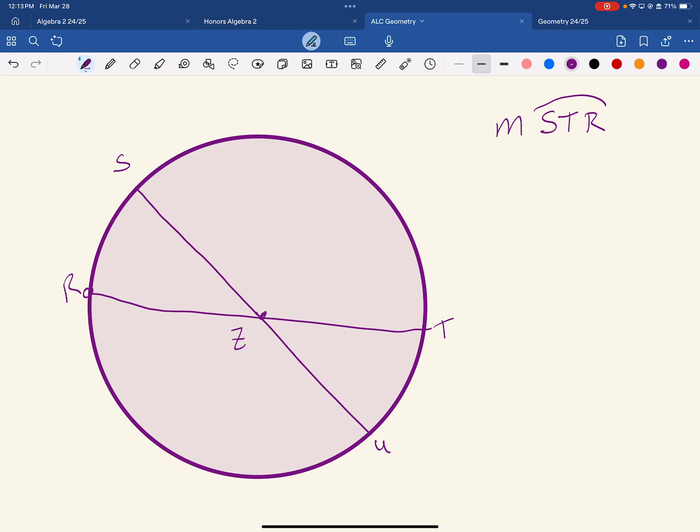We probably need a measure of at least one thing, right? Let's say that this is 65 degrees.